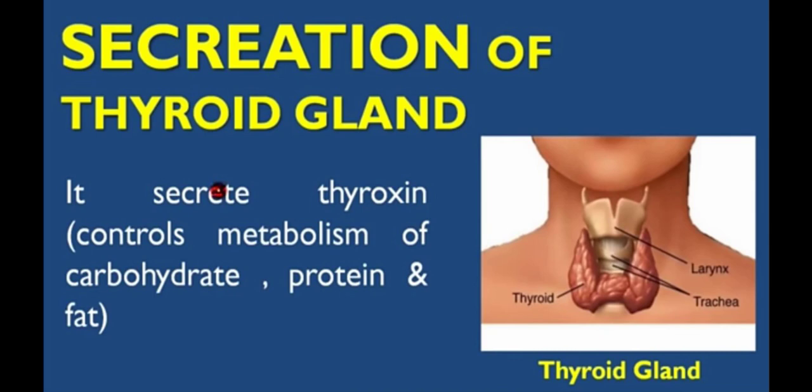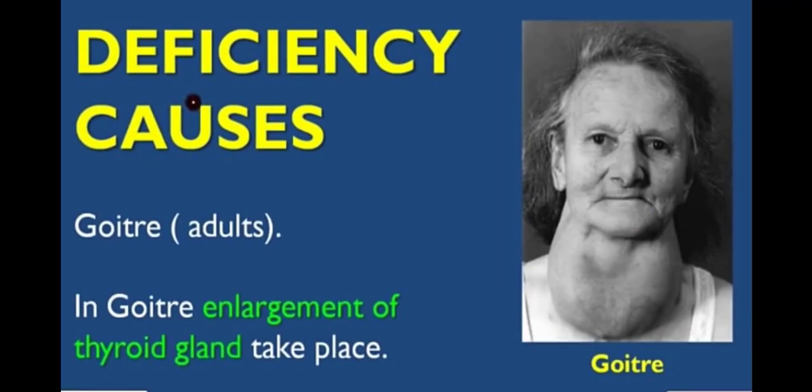This thyroxine hormone controls the metabolism of carbohydrate, protein, and fat. That is the function of thyroxine. Now the deficiency caused due to thyroxine: in adults it causes goiter.